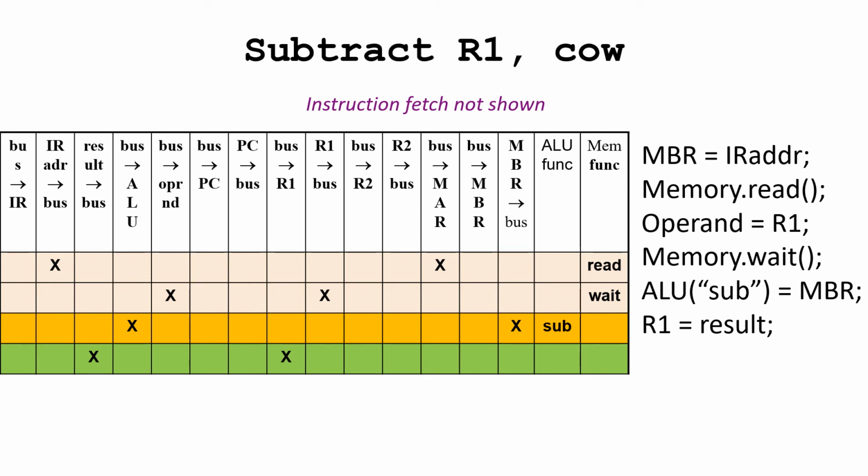The next line we're going to wait because we need that cow value, but before we wait, we'll copy R1 into the operand register to get ready for the subtract. When the memory value is available in the memory buffer register, we'll copy that onto the bus and into the ALU, telling the ALU to subtract. We then copy the result from the result register back on the bus and into R1.